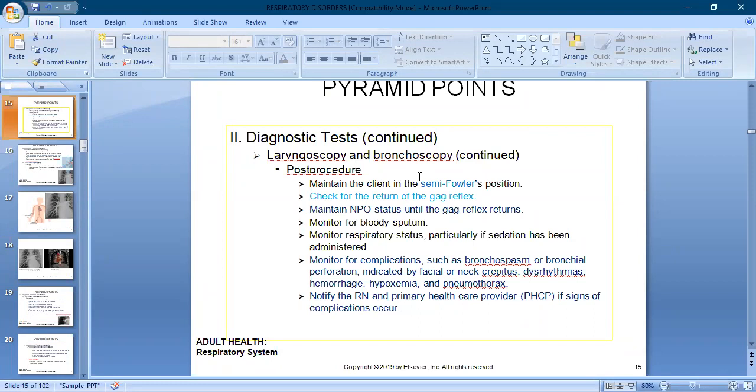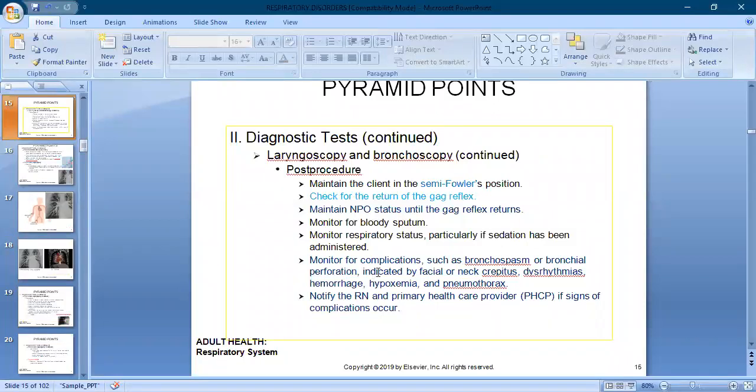If the gag reflex has returned, you can allow them to eat, but always liquid food first, then solid food. But make sure the gag reflex is there. And also monitor for blood in the sputum. Monitor respiratory status, particularly if sedation is given, because this is an invasive procedure and we give them a mild sedative.